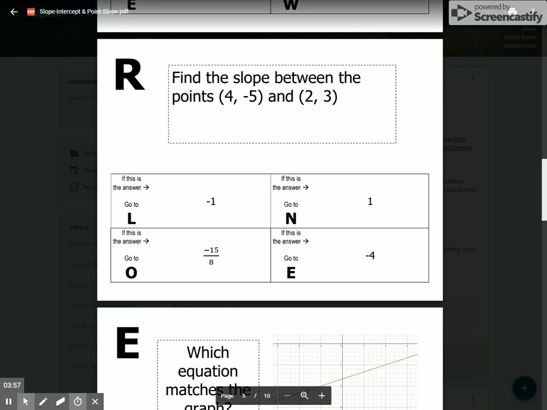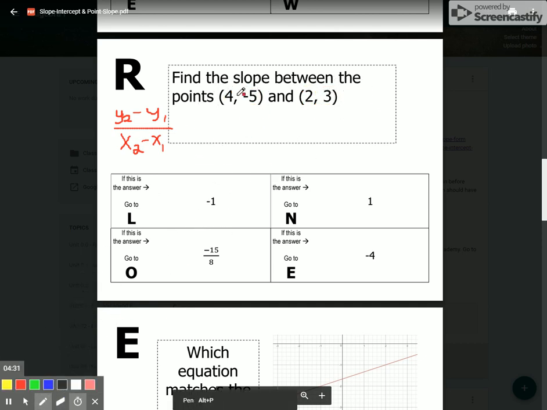Finding the slope between 2 points. This is where we're going to use y2 minus y1 divided by x2 minus x1. You can do this as your y2 minus your y1, and then x2 minus x1, or you can do it the other way around.